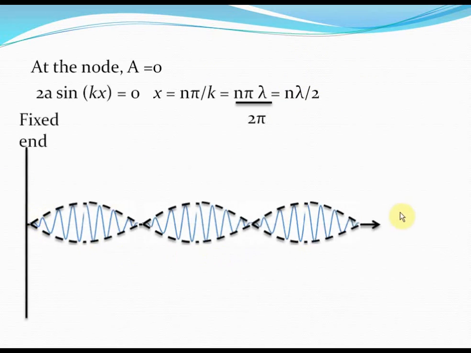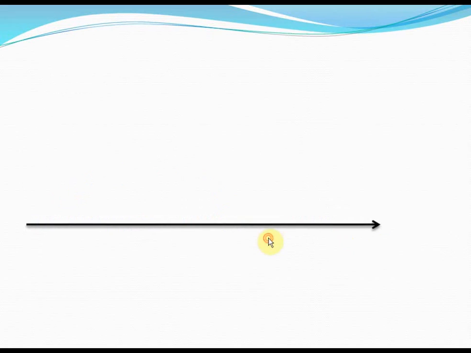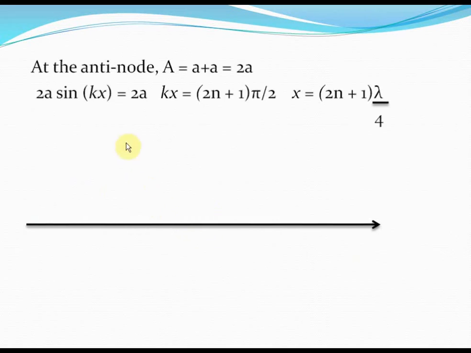So if this is the standing wave you are seeing on your screen, then at 0, lambda by 2, lambda, 3 lambda by 2, there will be nodes. At a difference equal to half the wavelength, as you move forward, there will be nodes. Where will the antinodes be? At the antinode, the amplitude is maximum. The maximum value of the amplitude is clearly 2a, since the amplitude is 2a sin kx and the maximum value of 2a sin kx is 2a.